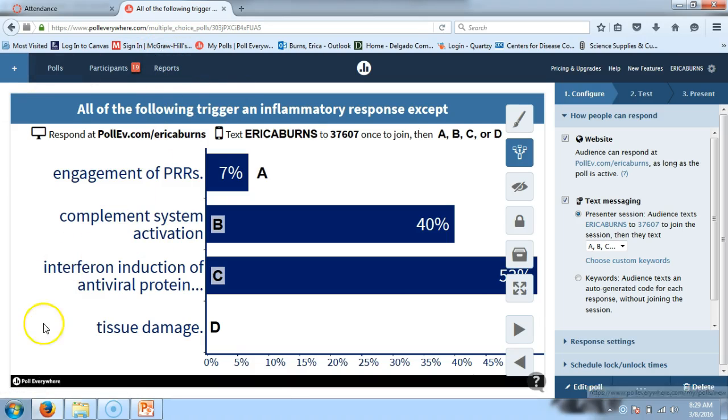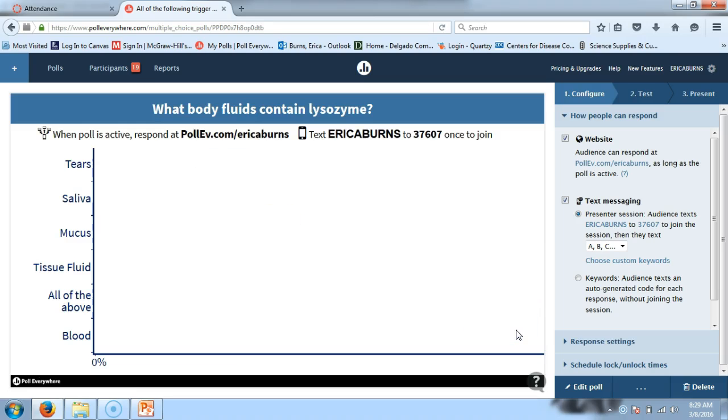And that should have been my last one. Let me just double check by clicking next. Oh no, this is one for during our lecture, that comes a little bit later. But let's go ahead and do it now while I've got it open. So what body fluids contains lysozyme?